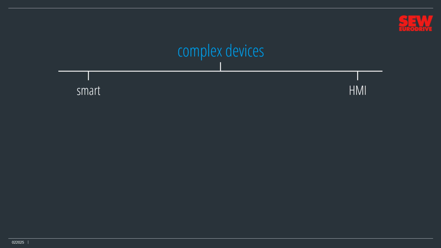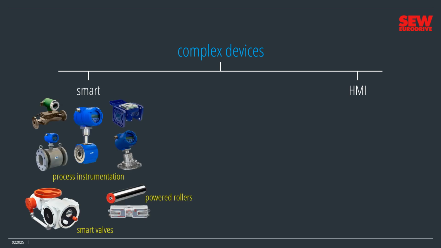Finally, let's look at a few complex device examples. Many instruments that the chemical industry uses to monitor pressure, temperature, flow, and fluid levels are smart. Similarly, smart valves open or close by specific percentages in response to a command over their digital data stream.